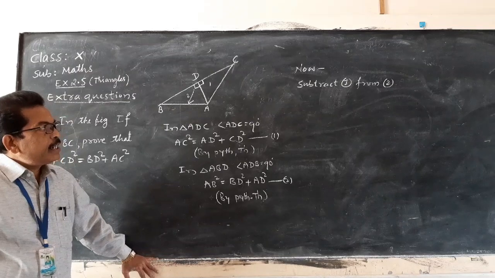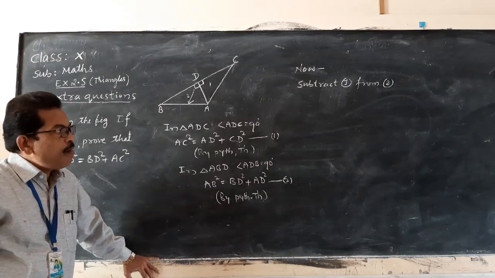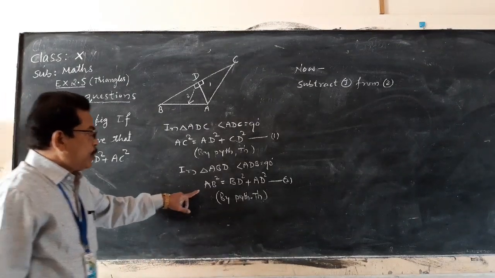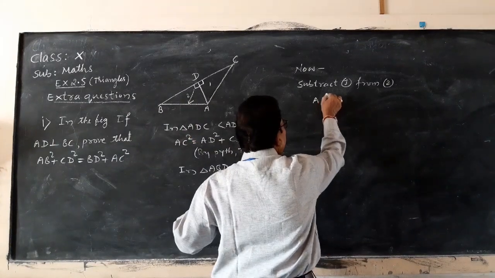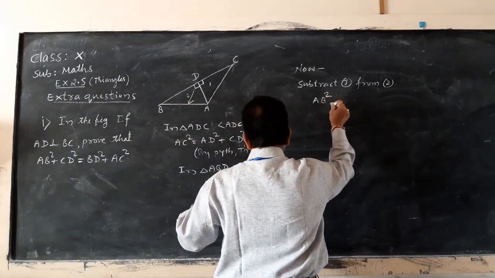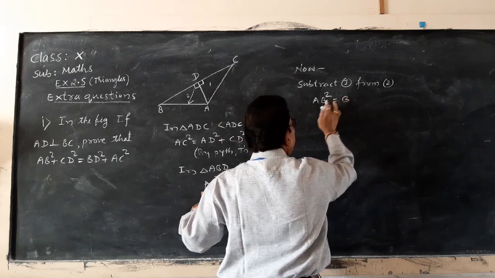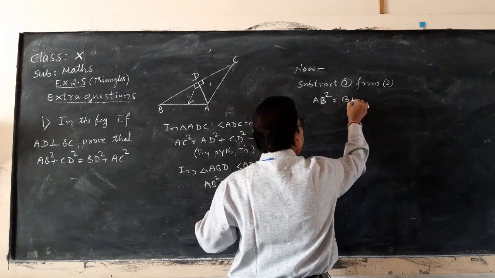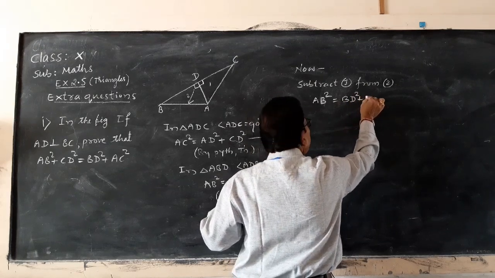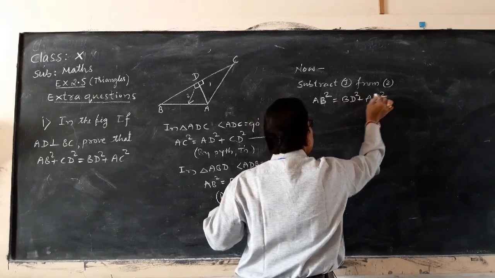We write 2 first: AB square equals BD square plus AD square.